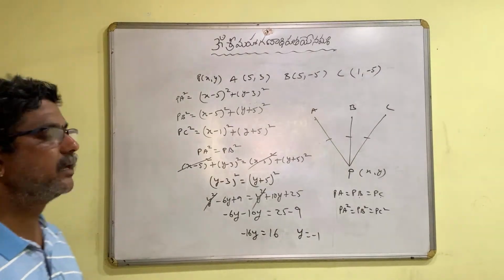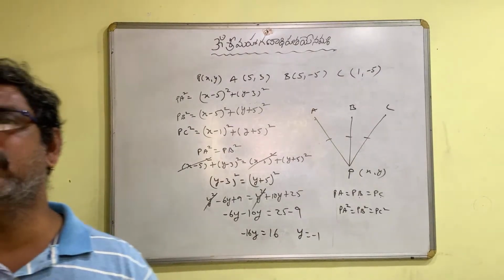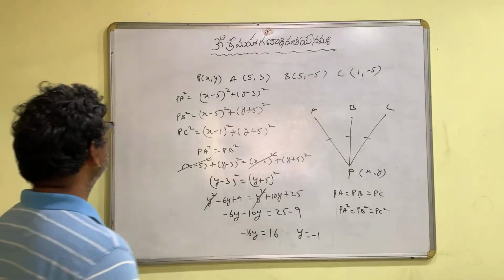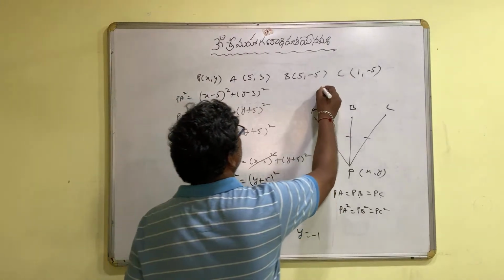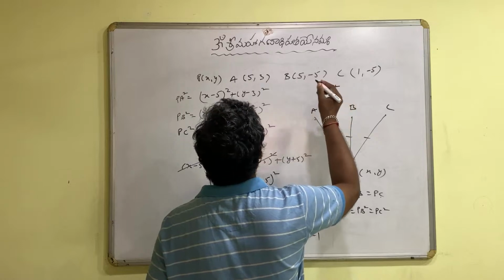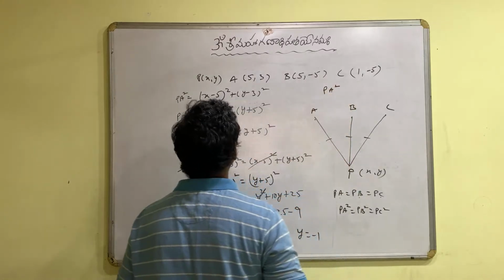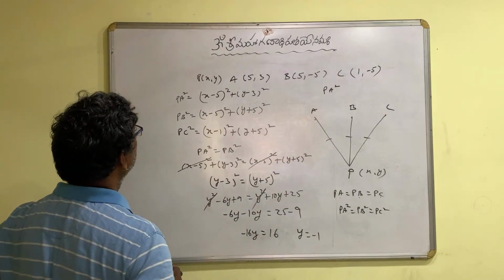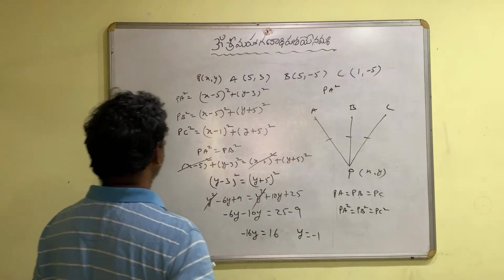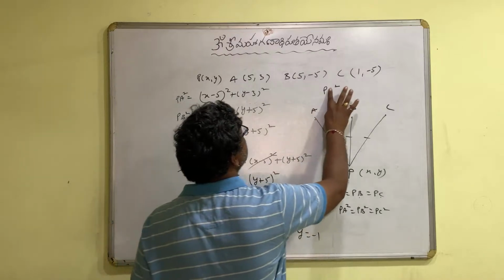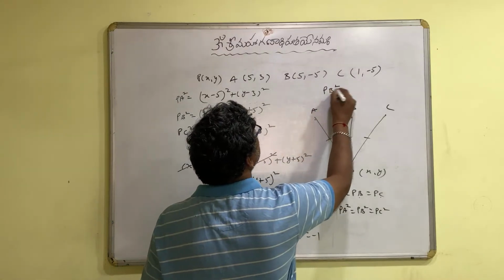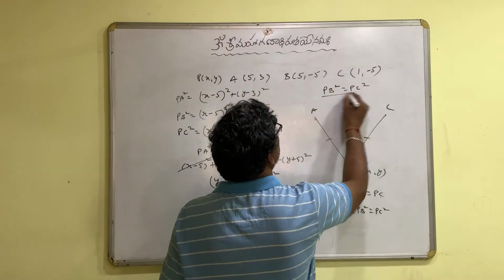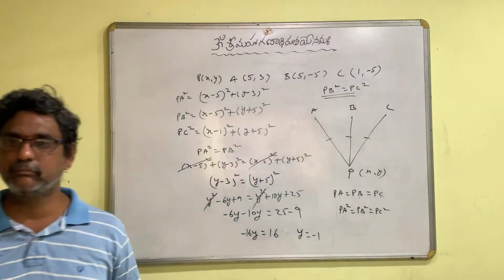Now, in order to get the x value, what you have to do? Equate PB square is equal to PC square. Do this one to get the x value. Fast.